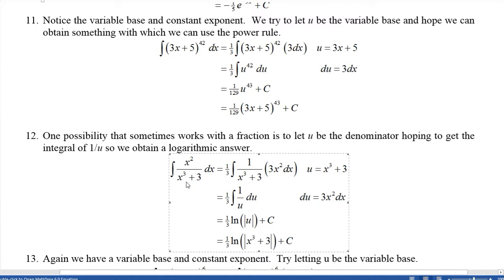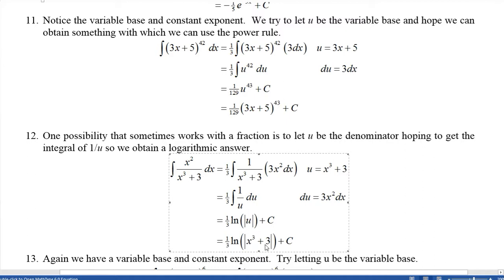Notice that the original function is defined everywhere except when x is the cube root of negative 3, or the opposite of the cube root of 3, whichever way you want to say that. And then that makes this thing 0. And of course, that makes dividing by 0 here, which is undefined.